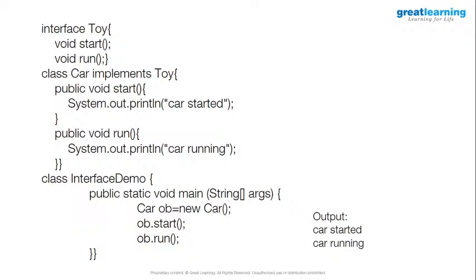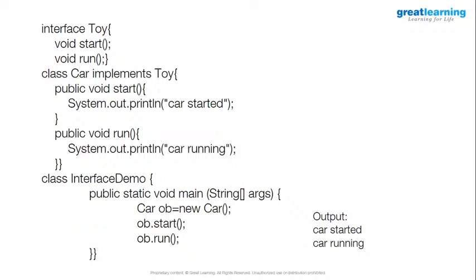So System.out.println car started, and System.out.println car running. Then the other class makes an object of this Car, and we call start and run on these objects. Cool. So the output will be car started and car running. So this is all about the 4 pillars of OOPS, right?